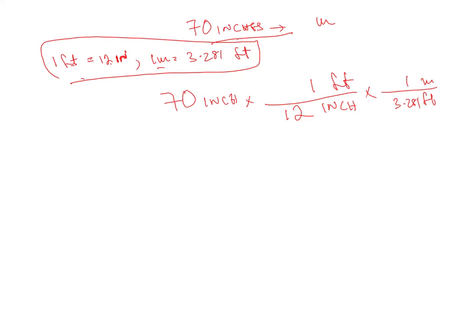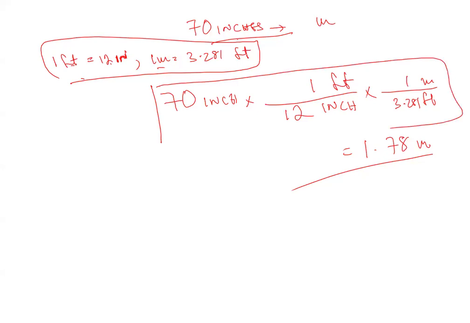That's it. I divide 70 by 12, then divide that by 3.281. I get 1.77 meters. That's how we do it. As long as you know this conversion and follow this logical method, you should get the right answer.